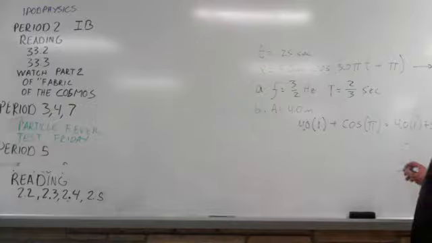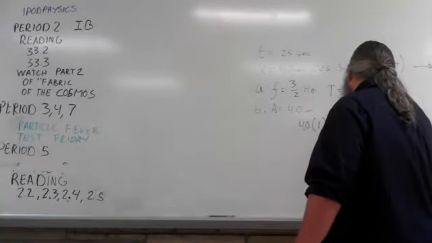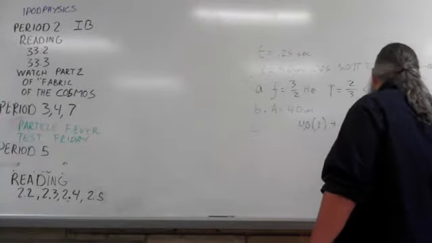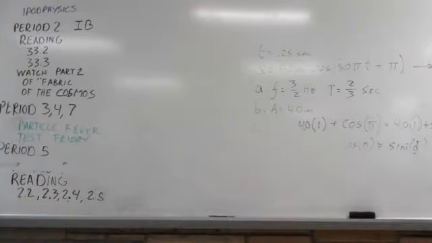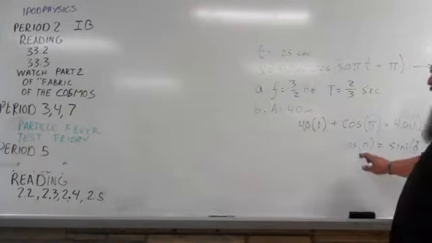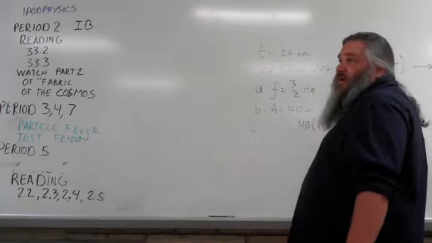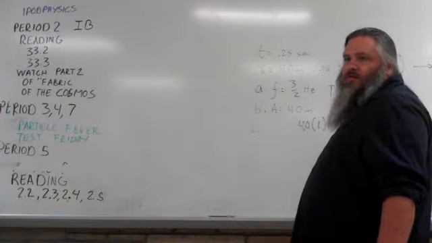So I'm left with the cosine of pi is equal to the sine of phi. Then if we evaluate cosine at pi, I'm looking at -1.